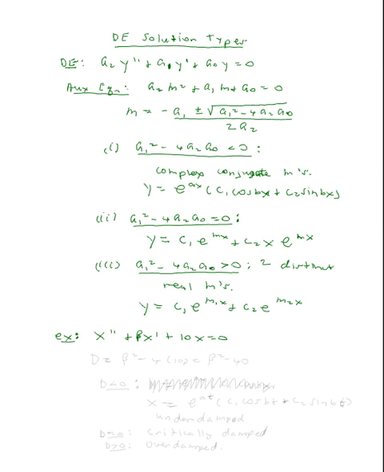This is an example of free damped motion. Beta is the damping coefficient. If beta is big enough, in other words, if the system is damped enough, we won't have any oscillations. But if beta is not big enough, we can have oscillations.